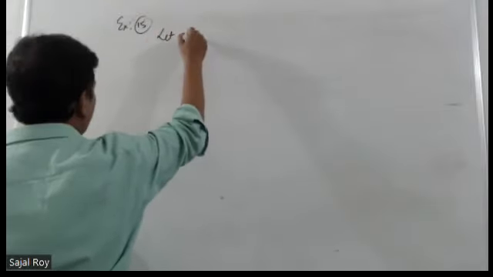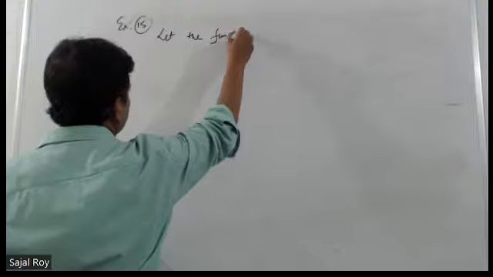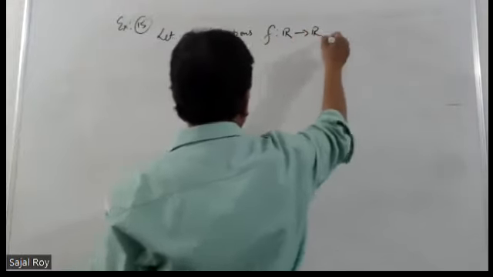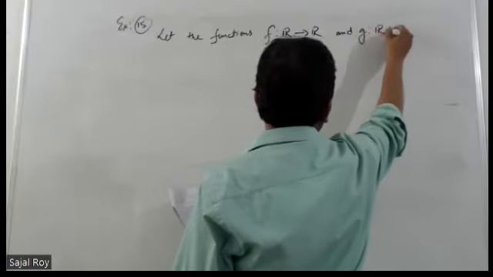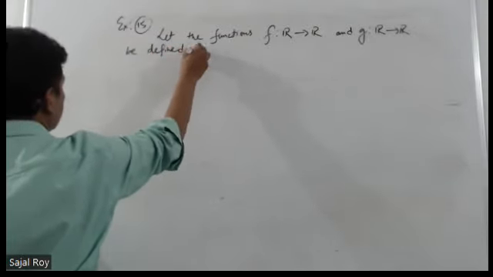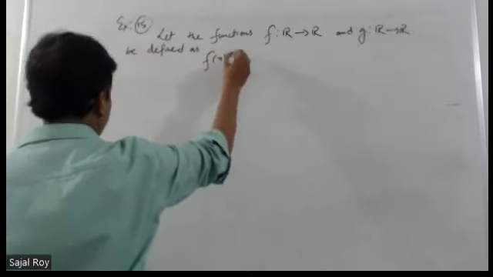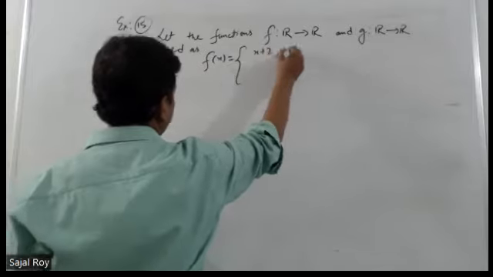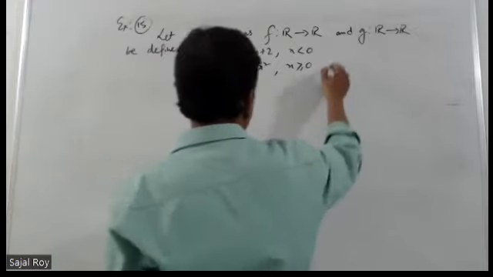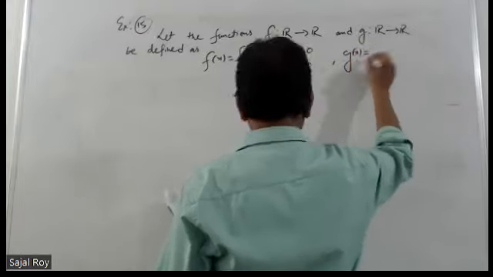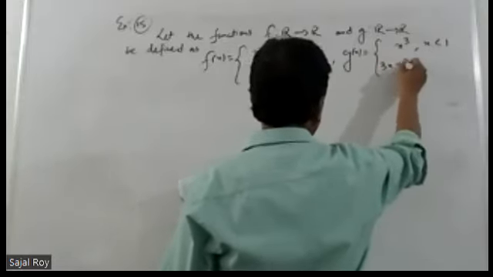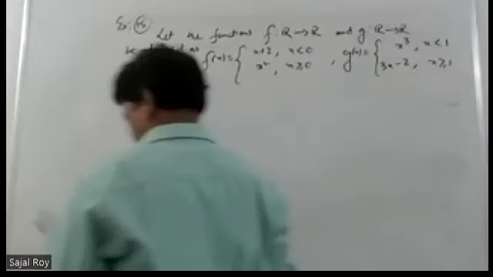Let the functions f from R to R and g from R to R be defined as: f(x) is x plus 2 if x less than 0, x squared if x greater or equal to 0, and g(x) is x cubed if x less than 1, 3x minus 2 if x greater or equal to 1.